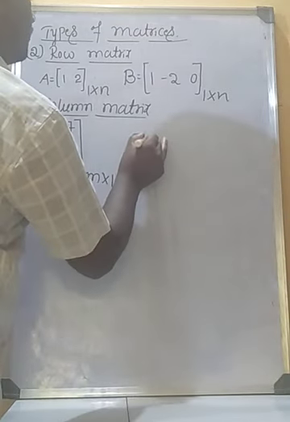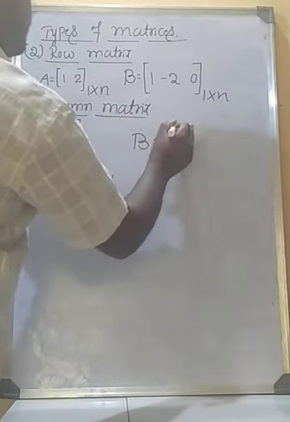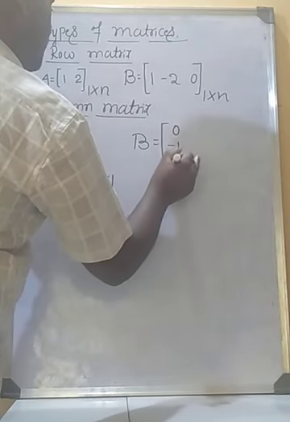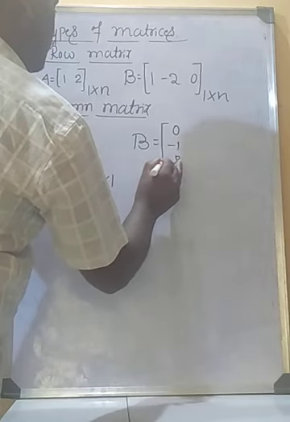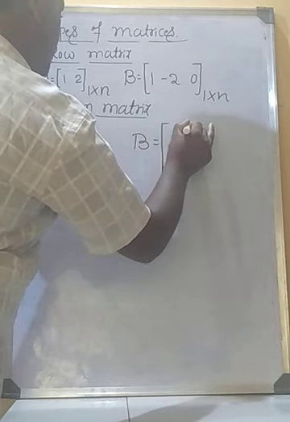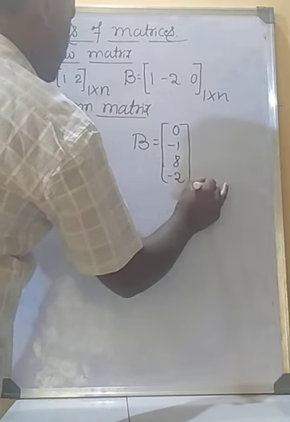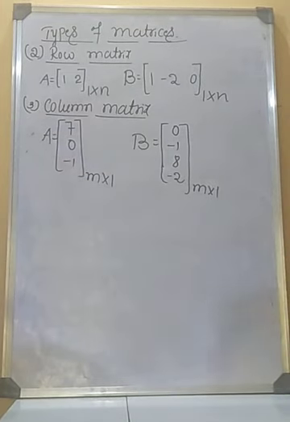One more example, matrix B is equal to [0, -1, 8, -2]. So the order of this matrix is m cross 1. A matrix having only one column is called a column matrix.